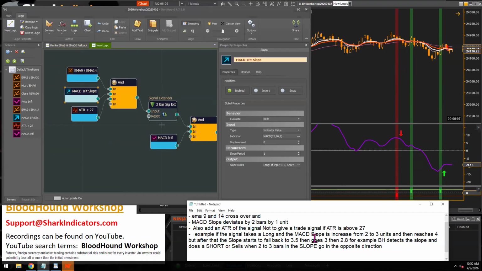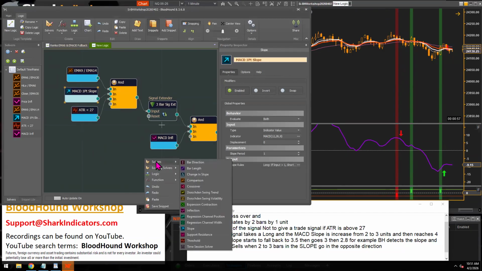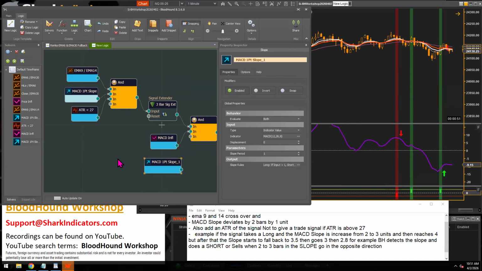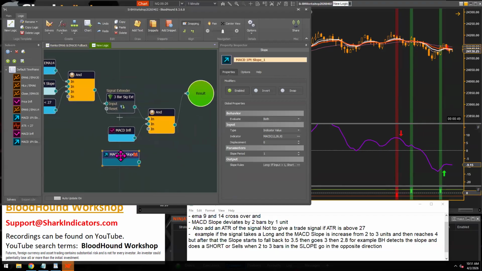This doesn't state that. So I'm going to create a second slope solver here. So let's copy that and paste that down here. All right. And let's take out that minimum slope requirement there.